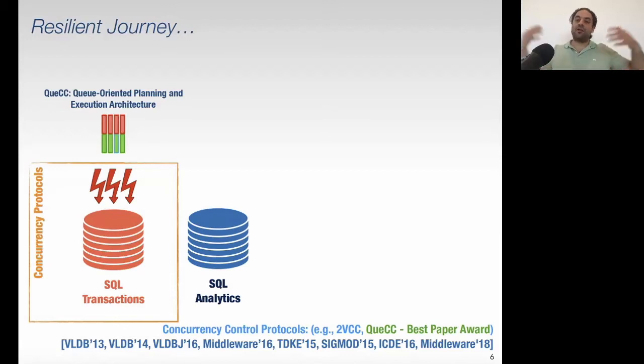This is followed by the second phase of having a set of execution threads that now take a set of operations gathered from the transaction in the planning phase, and again in parallel and independently, without any coordination or minimal coordination, they execute. This work appeared at Middleware 2018, and it also won the Best Paper Award.